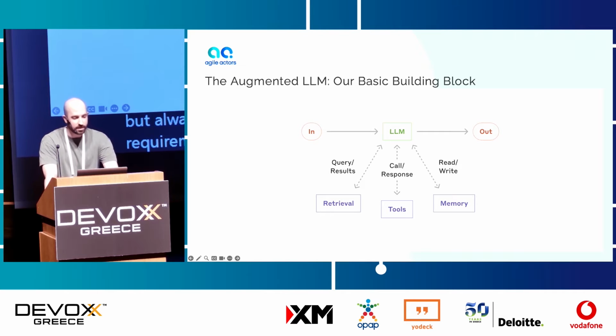And with that, we are reaching our first basic building block. You're all familiar with an LLM. In this picture, what we see is what we will start calling an augmented LLM. At its core, it's the language model itself, which provides reasoning and generation capabilities, all things we are familiar with. Around it, we have three different components. We have retrieval systems, which allow the model to access knowledge outside of its training data by connecting to a company's documentation, database, or even the internet.